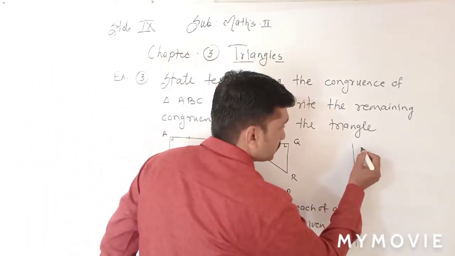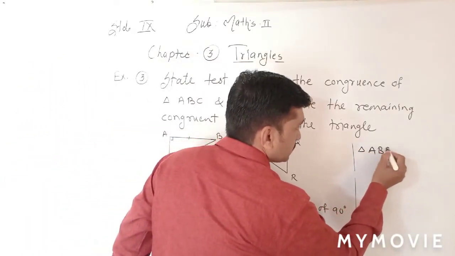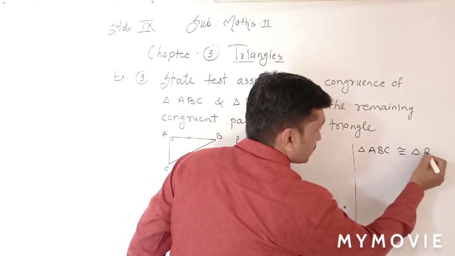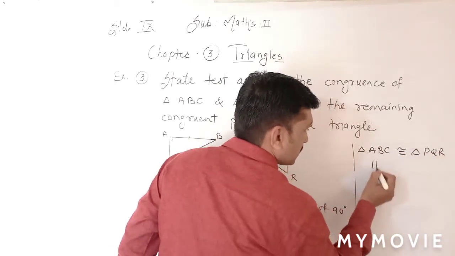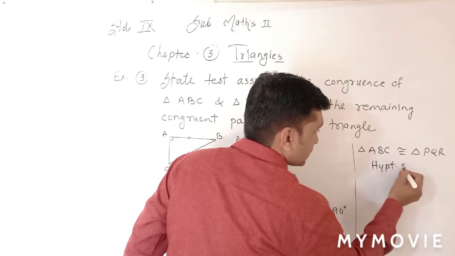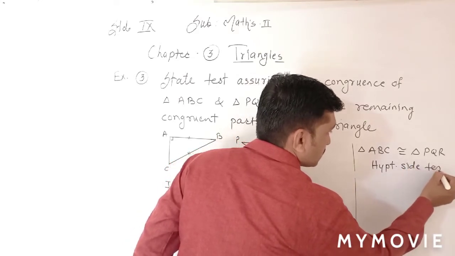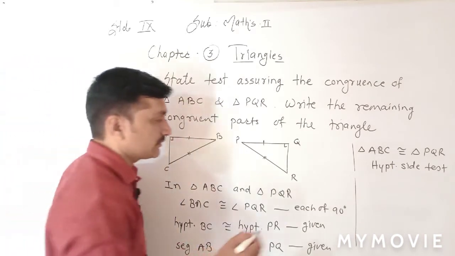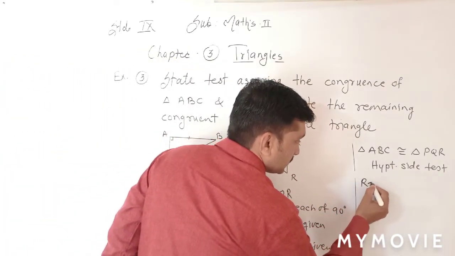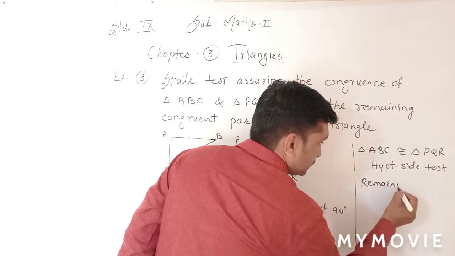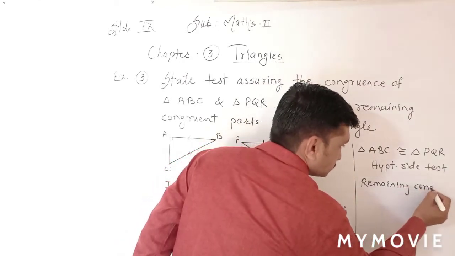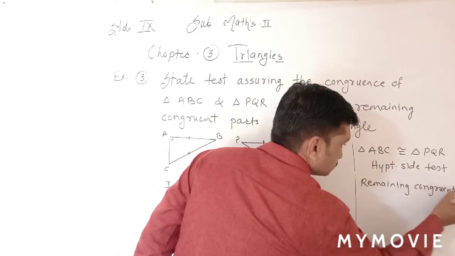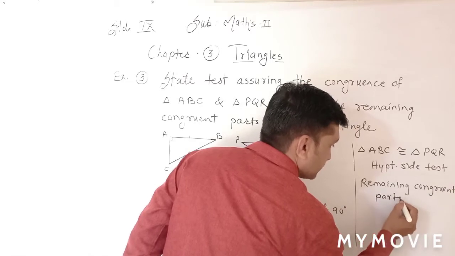Therefore, triangle ABC is congruent to triangle PQR by which test? Hypotenuse side test. By hypotenuse side test the triangles are congruent. Now we want the remaining congruent parts.